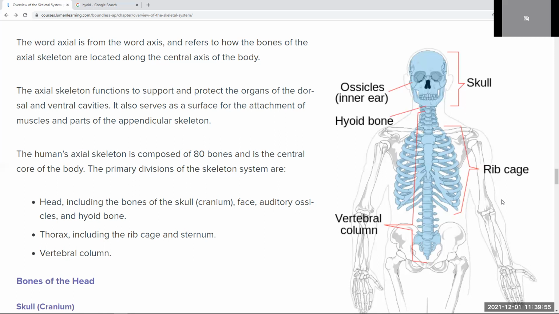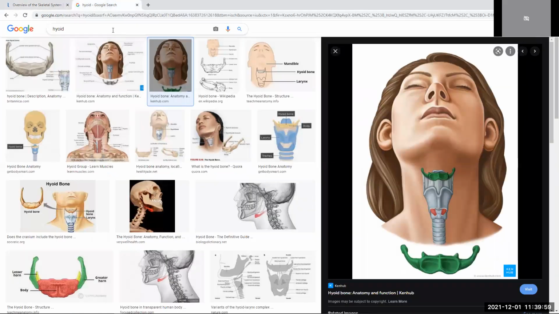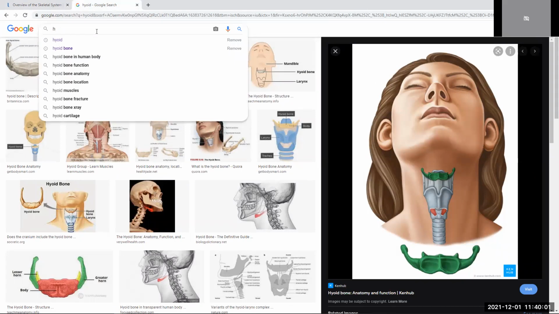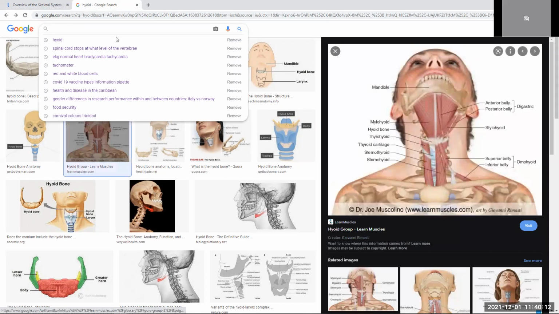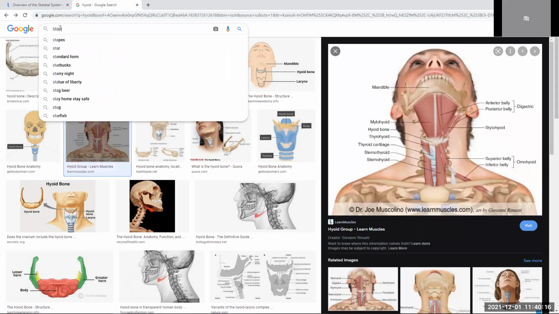Which one is the smallest? I would assume the stapes because I heard that somewhere. I'm not too sure. One way to find out. If it comes up in trivia, and I've seen it come up in many different trivia, what is the smallest bone in the body? Strange as it might sound, it is located in your ear.